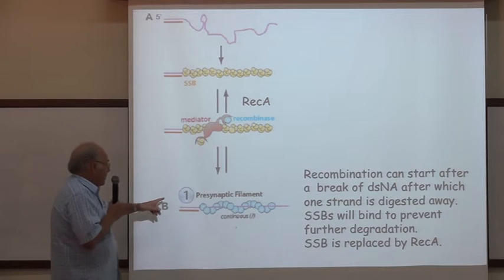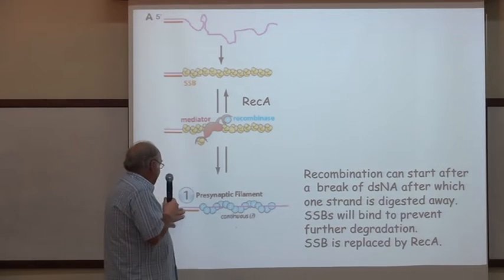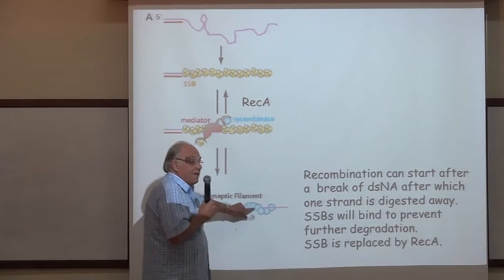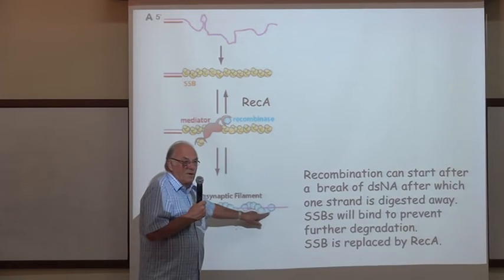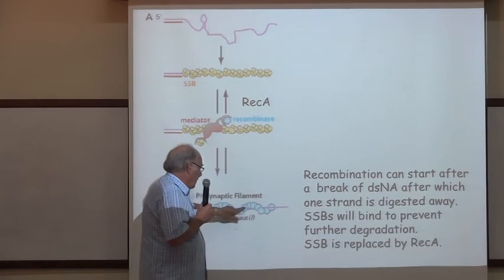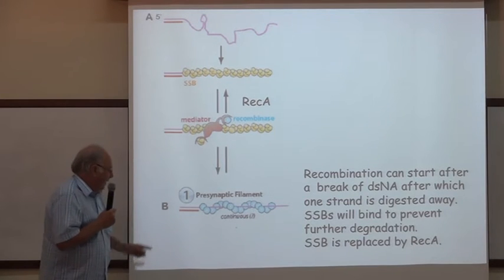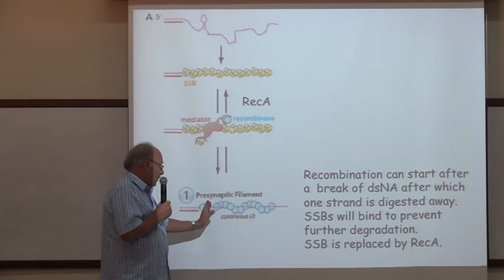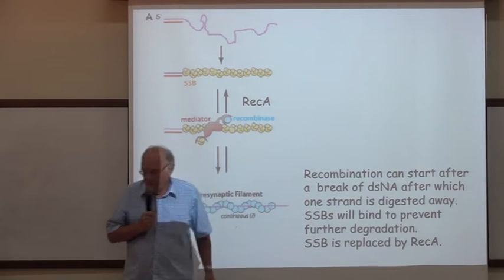And this then forms the presynaptic filament. So here you now have double-stranded DNA and then the single-stranded DNA with a whole chain of RecA proteins bound to it. But if this is continuous or if it is, say, segments, is not known.